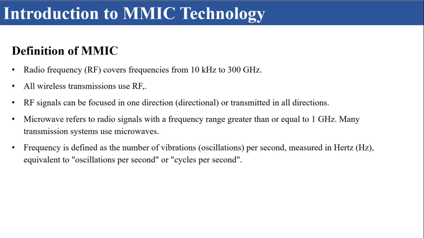It can be analog only or a mixed mode of analog and digital. Its operating frequency ranges from 1 GHz to over 100 GHz, making this technology applicable to all types of wireless communication systems.